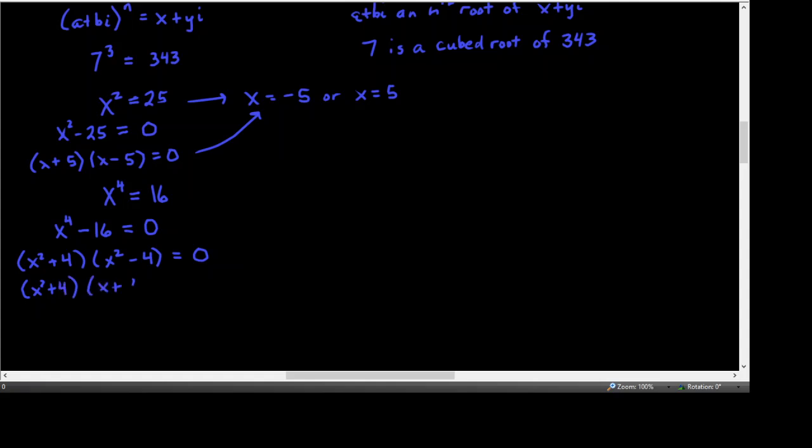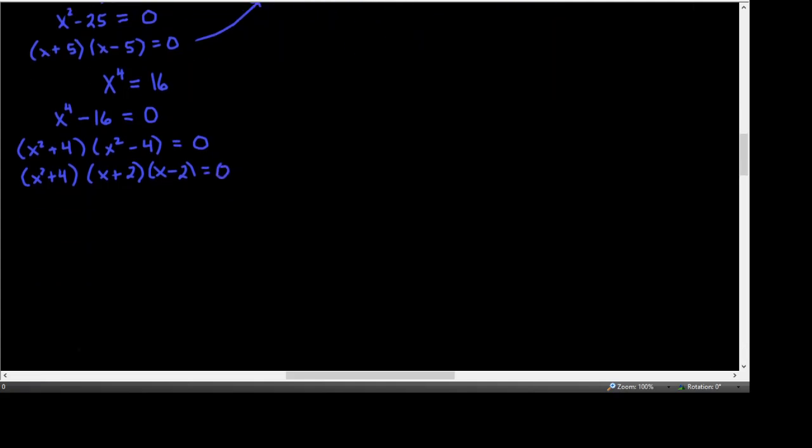So this factors to be x plus 2 times x minus 2. If you set each of those factors equal to 0, you'll get that x squared equals -4, or x equals -2, or x equals 2.